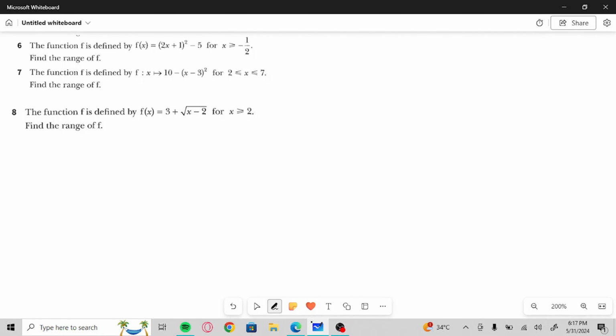Okay, now question number 6. What does it demand? It says that the function f is defined by f(x) = (2x + 1) whole squared minus 5 for x is greater than or equal to negative 1 upon 2. So again, this part of the equation is squared, so we need the possible values which may make it into 0.